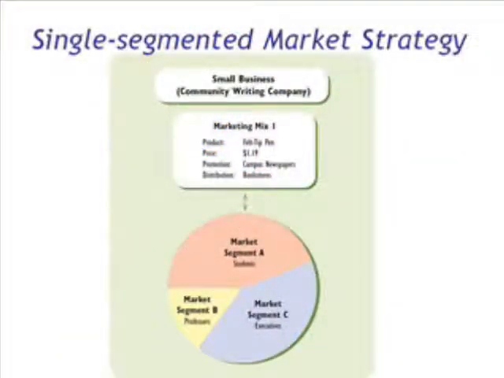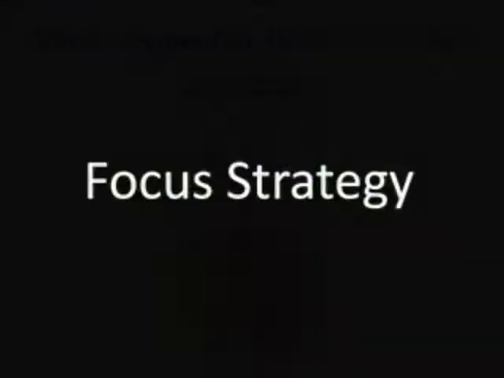So in going back to the felt tip pen example, with a single segmented market strategy, you would use one marketing mix. And in this example, you would choose to focus on students and promote through campus newspapers and distribute them in bookstores.